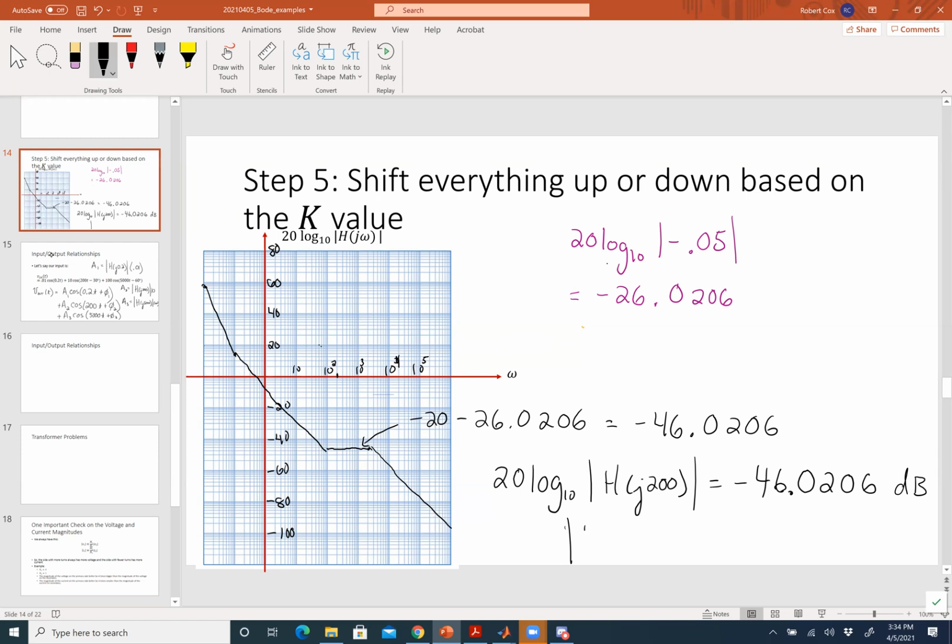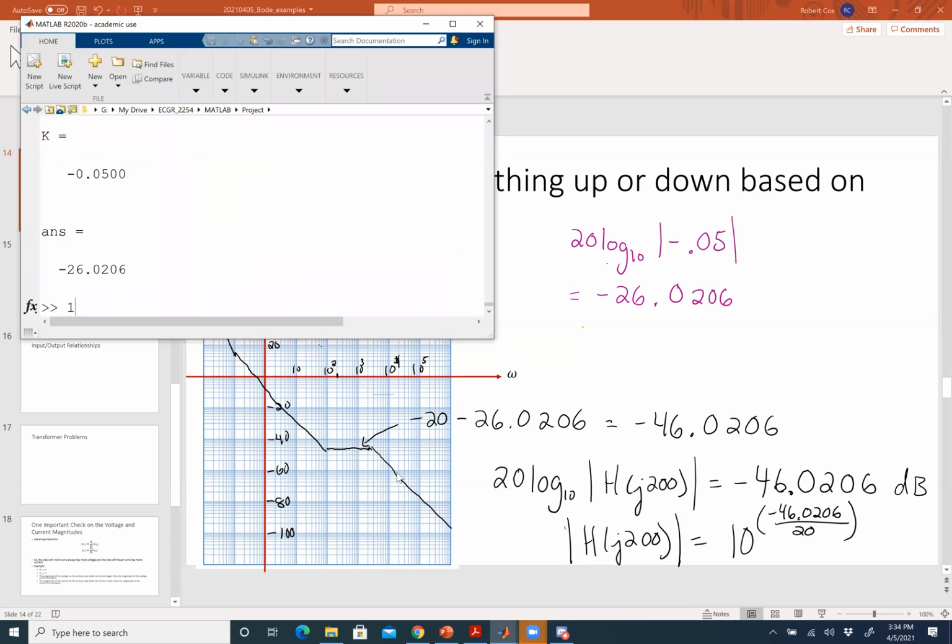So the magnitude of H(j200) is equal to 10 to the negative 46.0206 divided by 20. If you do that math, that works out to 0.005.